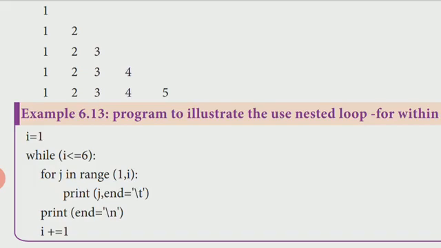Here the j value starts from 1, and the i value we already gave, i is 1. So now when i is less than or equal to 6, the first i value is 1, so for j in range 1 comma 1 print j, so that j value 1 will be printed.